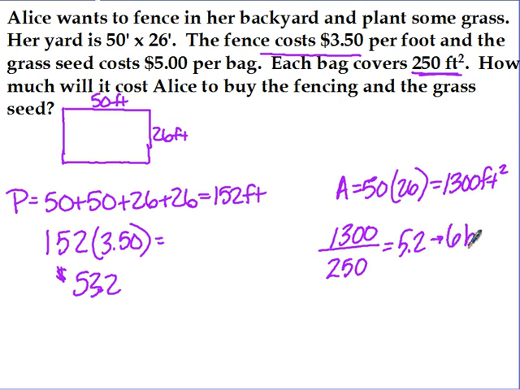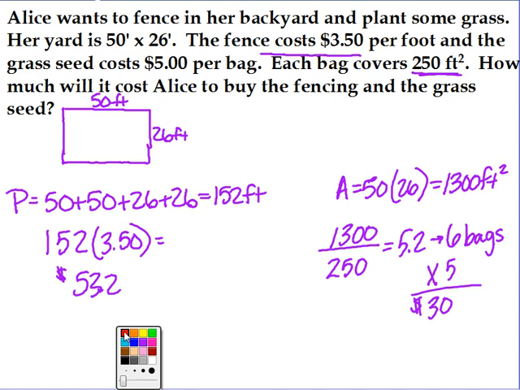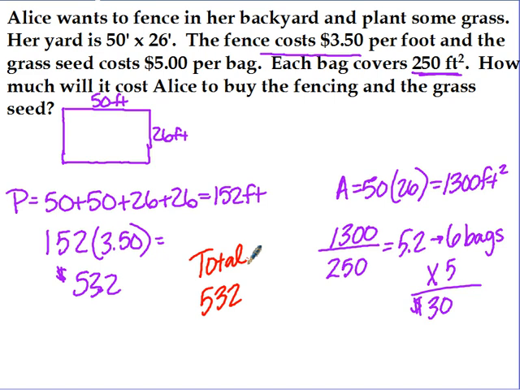So 6 bags times $5 a bag is 30 bucks. So the total is going to be $532 for the fencing and $30 for the grass seed. Gives you a total of $562.